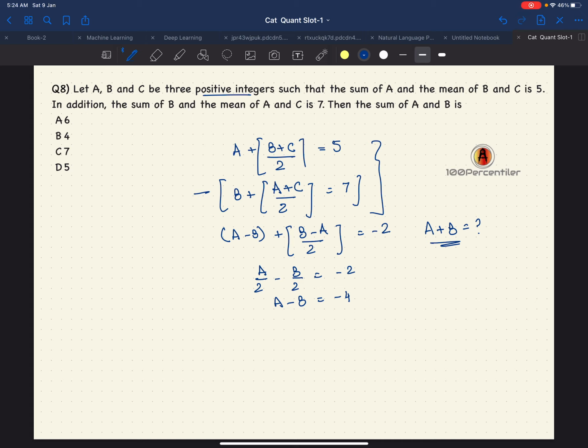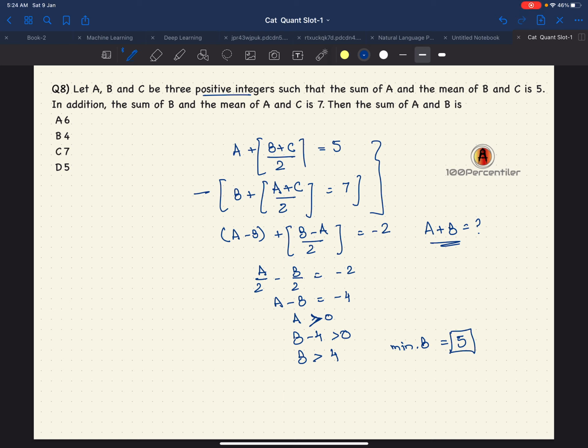That a, b and c are three positive integers. So we know that a has to be greater than 0, in fact, because they are positive integers. Therefore b minus 4 is greater than 0. Therefore b is greater than 4. So the minimum b value can only be 5 here.